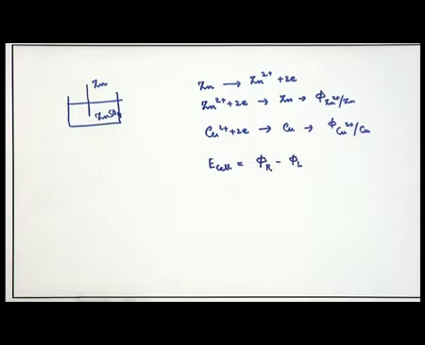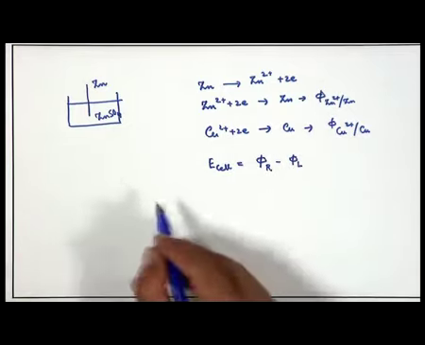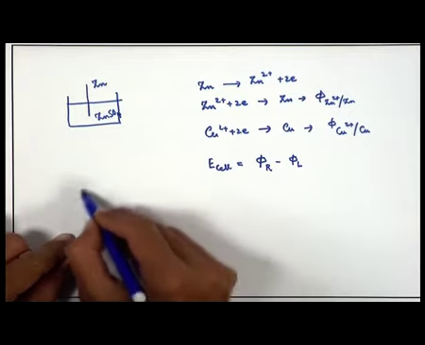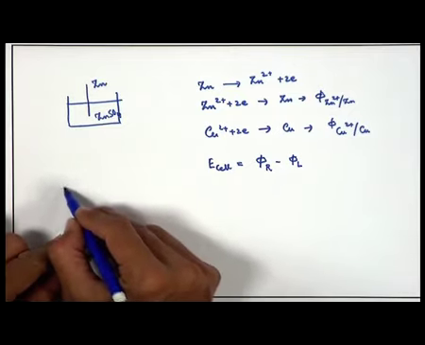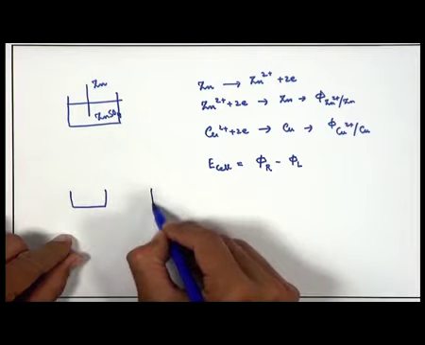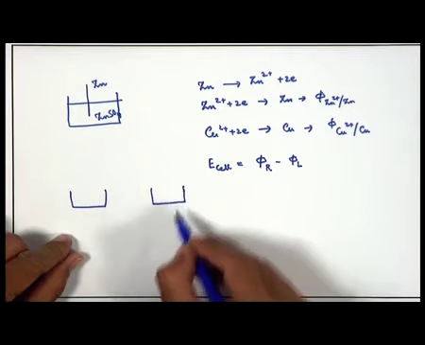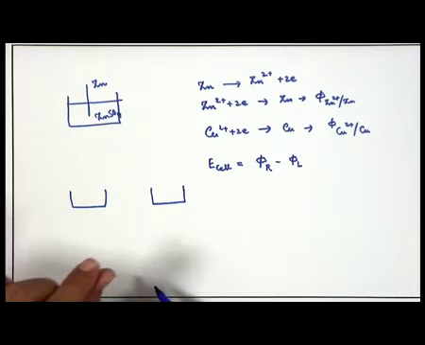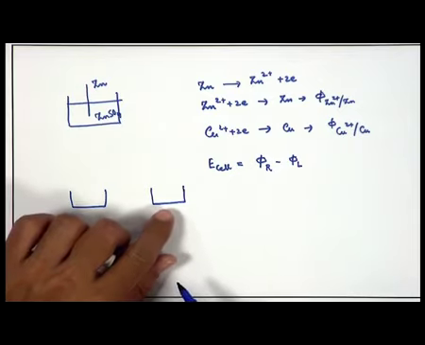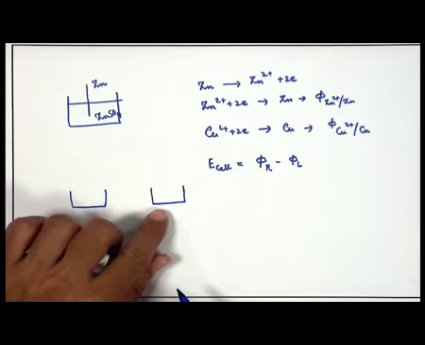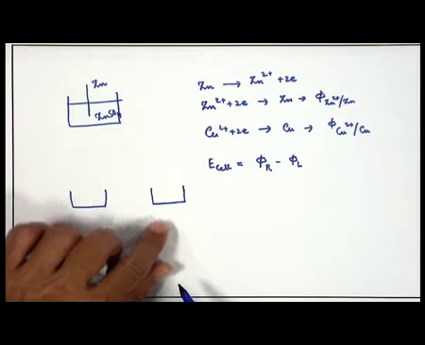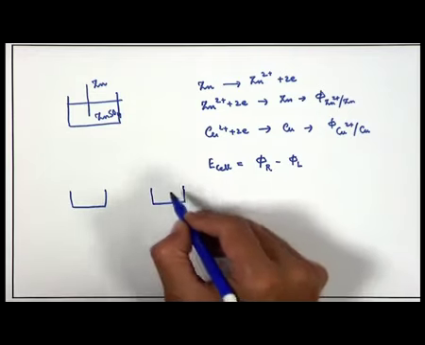What is phi right? You have one cell like this. Place the electrode where the reduction is happening on the right.